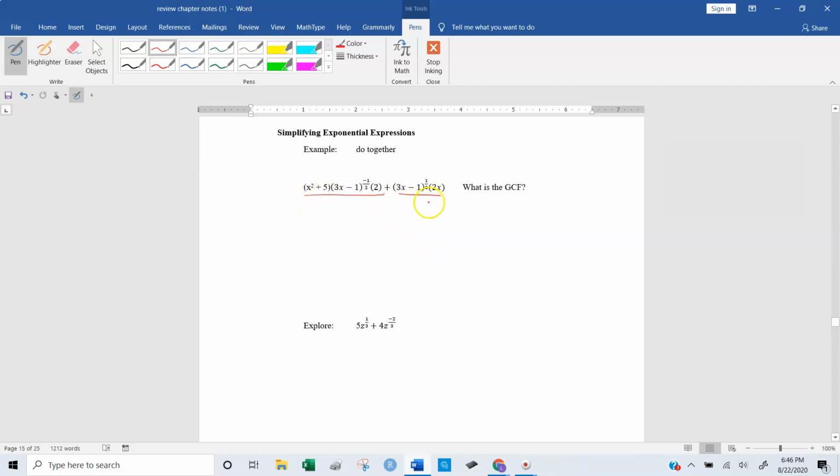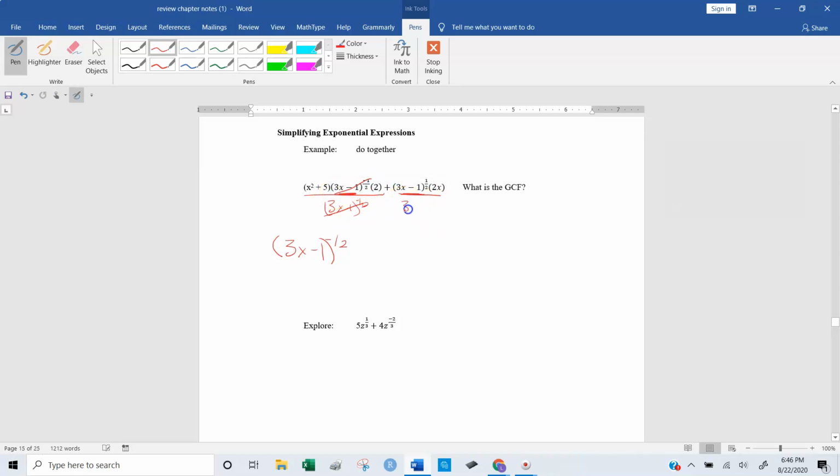Well, x squared plus 5, I don't have one over here, so he's alone. But 3x minus 1, we have a -1/2 here and a +1/2 here. Well, the smallest between those two is a -1/2. So we're going to take out or divide by 3x minus 1 to the -1/2 power. All right, well, if I take the 3x minus 1 to the -1/2 here, it just cancels those two, right?